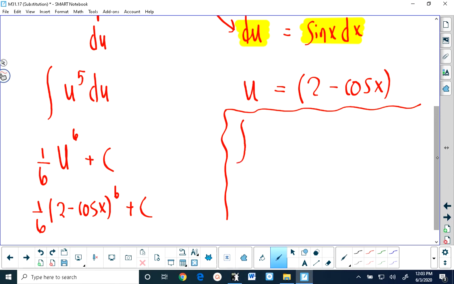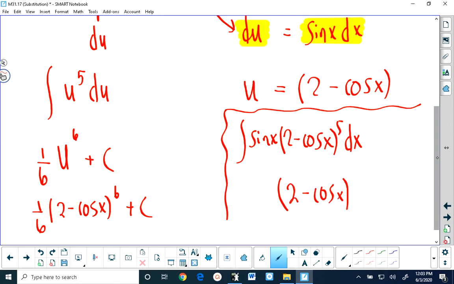We had the integral of sine x multiplied by 2 minus cos x raised to the 5 dx. And many of you would have just reasoned out that, well, if I take 2 minus cos x and I raise it to the 6 and multiply by a 6th, that's going to work out because when I differentiate this, I'm going to have to multiply by the derivative of the argument of the power. In other words, I'm going to have to multiply by the derivative of what's inside, and that will give me the sine of x.